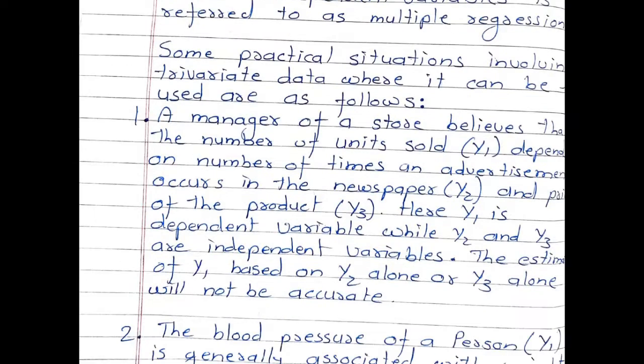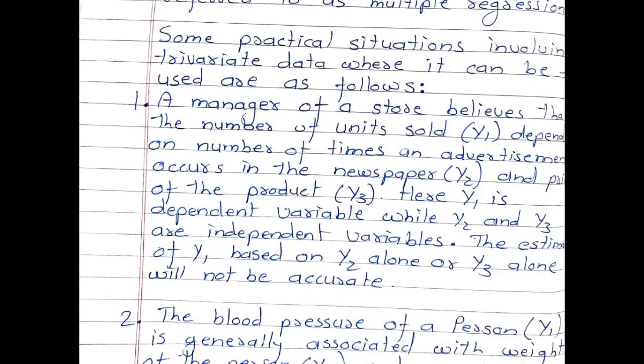First situation: a manager of a store believes that the number of units sold, y1, depends on the number of times an advertisement occurs in the newspaper, y2, and the price of the product, y3. Here y1 is a dependent variable while y2 and y3 are independent variables.